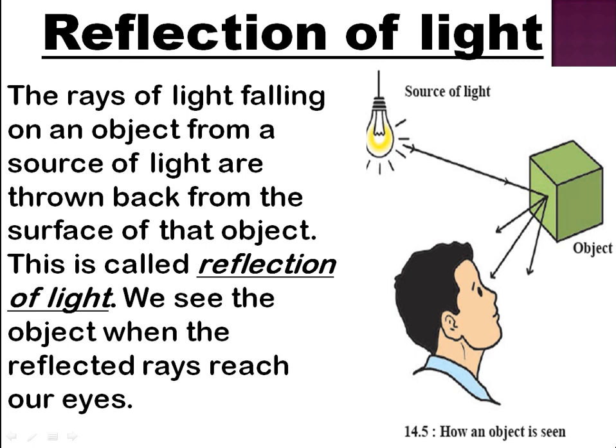Now next we will talk about the reflection of light, and how light is reflected by objects. Here we can see how an object is seen. The source of light is given, the object is given, and the reflection of light. The rays of light from the source fall on an object we have kept down.